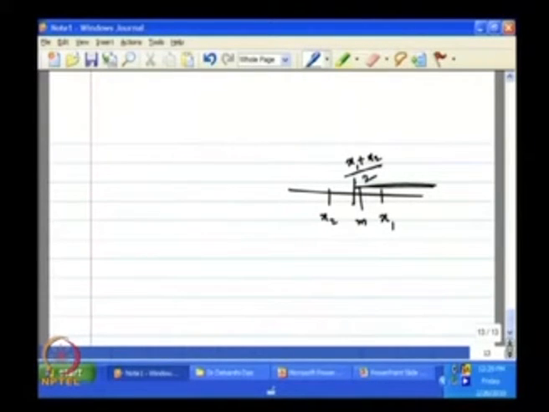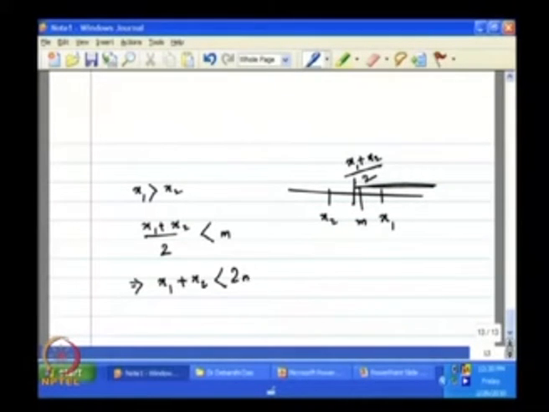If it is equal to M, then again the voters are going to be equally divided. So, one thing is that x1 is greater than x2, and second thing is that (x1 plus x2) divided by 2 should be less than M. And if I simplify this, x1 plus x2 is less than 2M, or x1 is less than 2M minus x2.